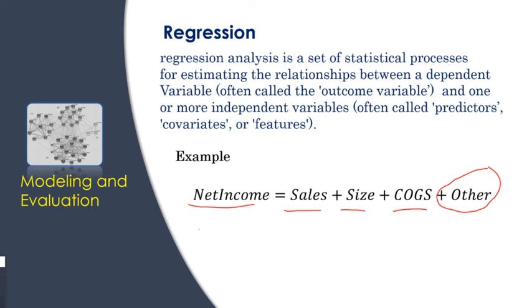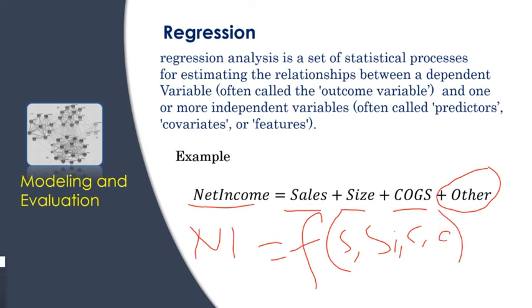So net income is a function of many things: sales, size, cost of goods sold, and some other factors. Here net income is the dependent variable and these are the independent variables. So we can predict based on regression analysis.